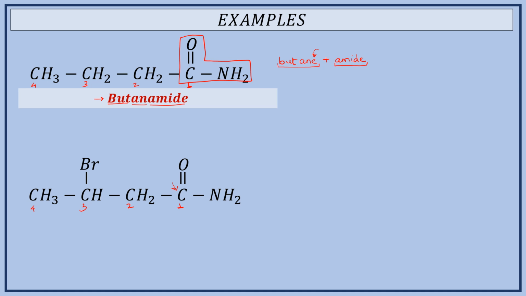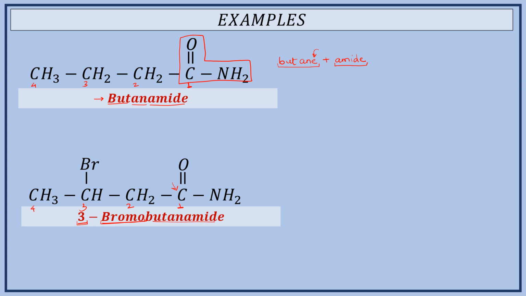Now we have a bromine group at the third position of this parent chain. So we will include its name as well in the prefix of the entire organic molecule name, and hence the name of this molecule will become 3-bromobutanamide.